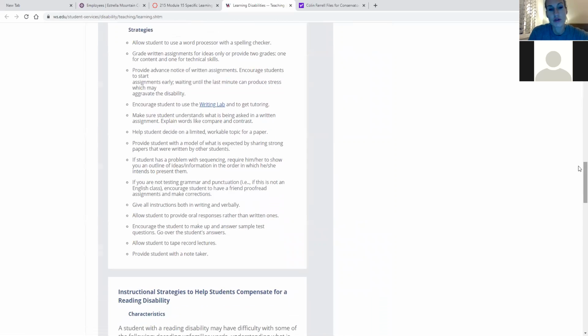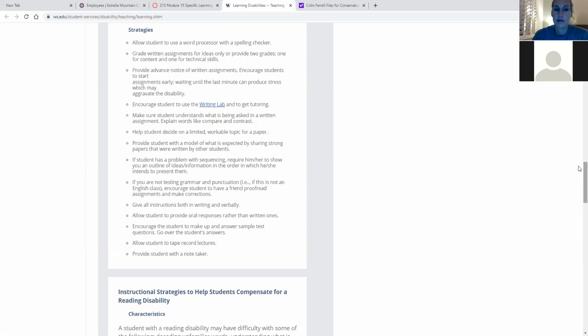Use the resources on a college campus or in a job-based training program, because oftentimes those people are well versed in how to support somebody with a learning disability. Writing lab for sure. There's usually a math lab and writing lab on a campus. Use them. They will support you in doing your best regardless of your disability.